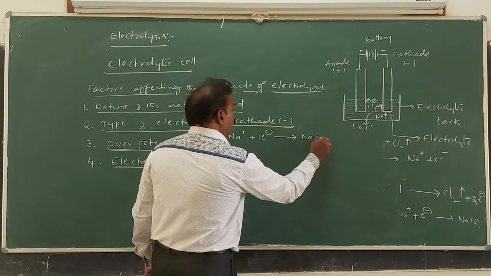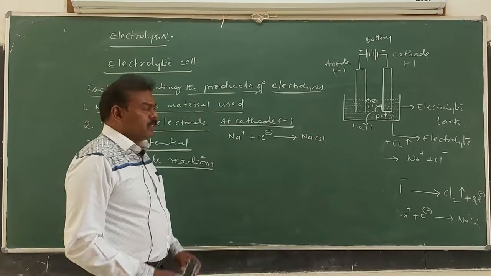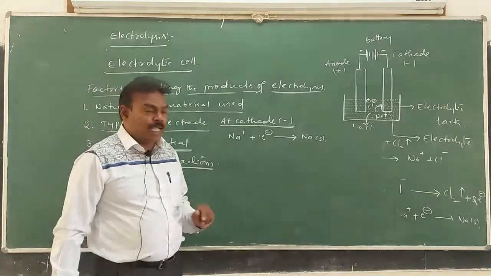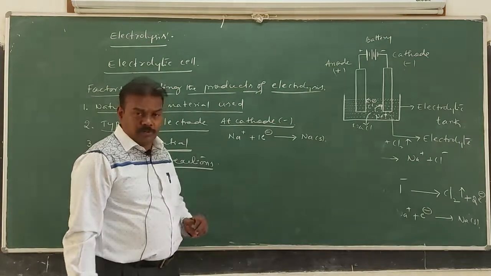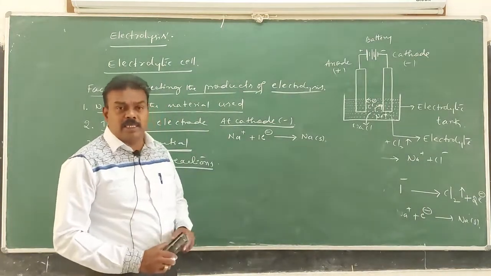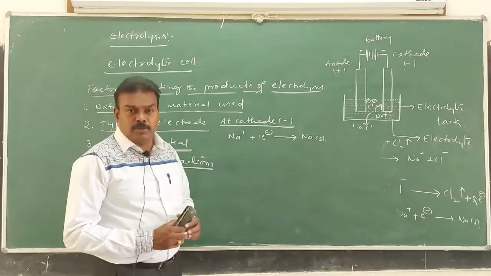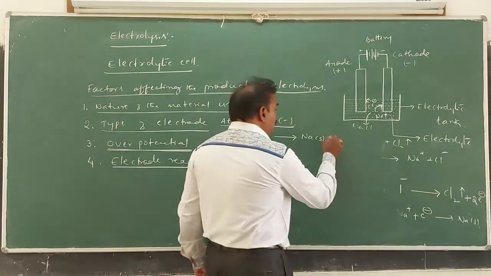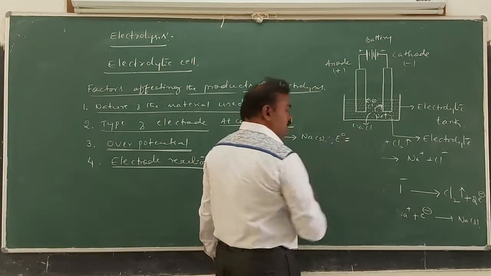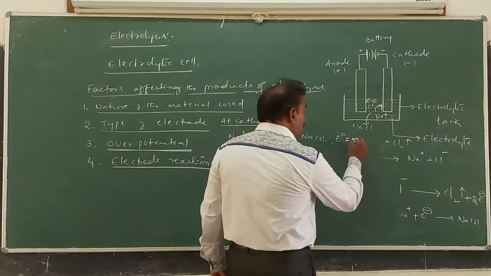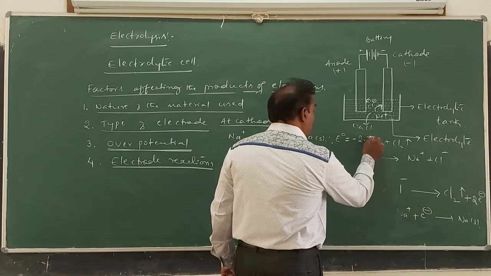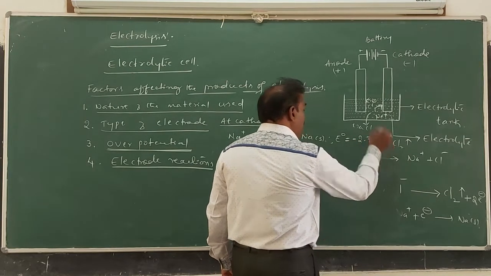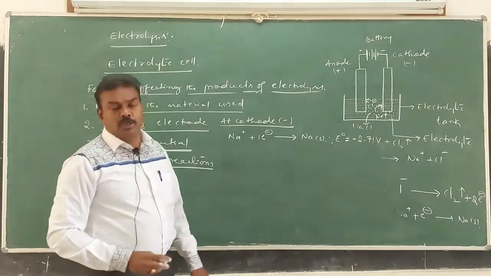This is one example of a cathodic reaction. And what is the value of E0? Here the standard reduction potential will be minus 2.71 volts.